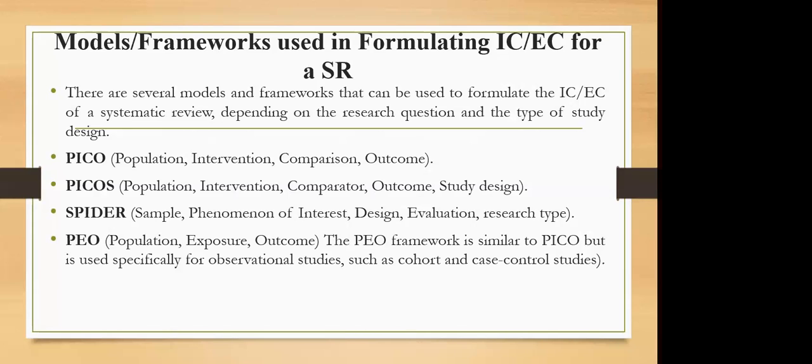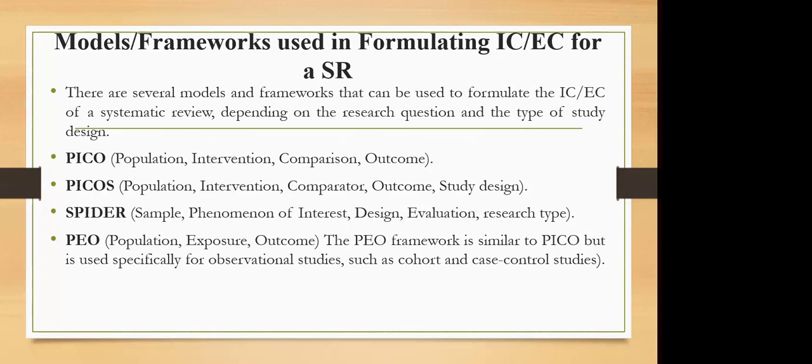But for this lecture, we are looking at inclusion and exclusion criteria and models for a systematic review. You can write any type of research or even a commentary, and you say, this is your inclusion and exclusion criteria. You're going to include this, exclude that. You might not necessarily have any model for adopting your inclusion and exclusion criteria.